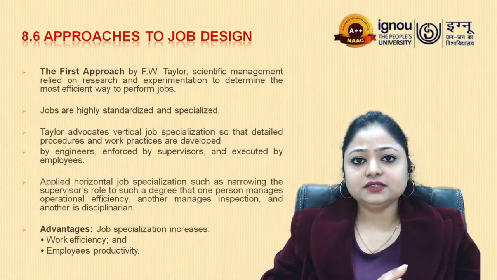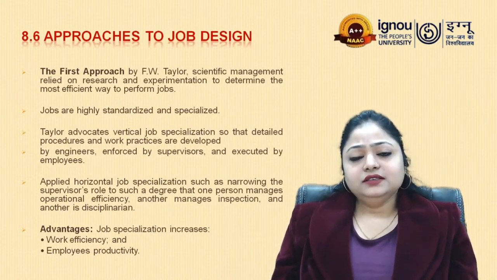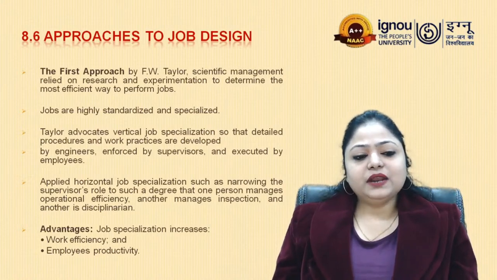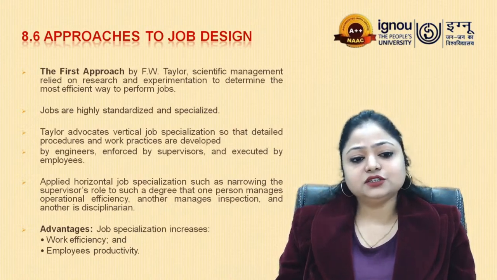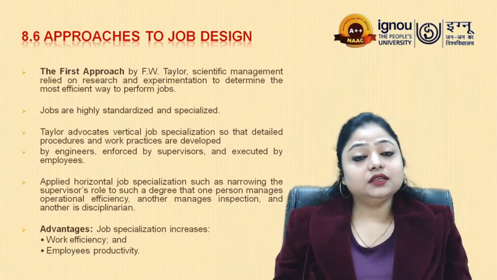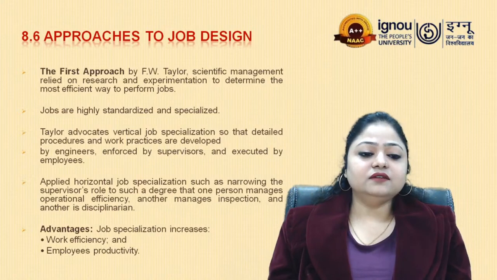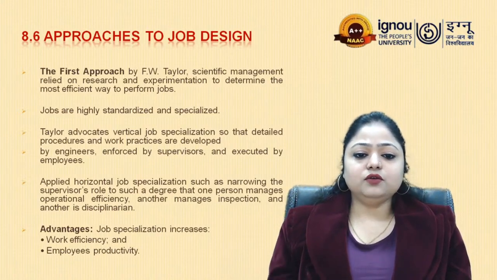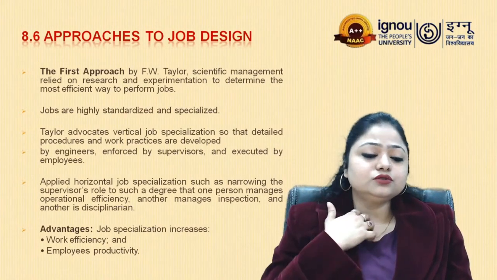So the first approach of job design is based upon this scientific management principle. It also applied horizontal job specialization, such as narrowing the supervisor's role to such a degree that one person manages operational efficiency, another manages inspection, and another manager looks after disciplinary action, or these three different roles are performed by a single person, which could also happen.